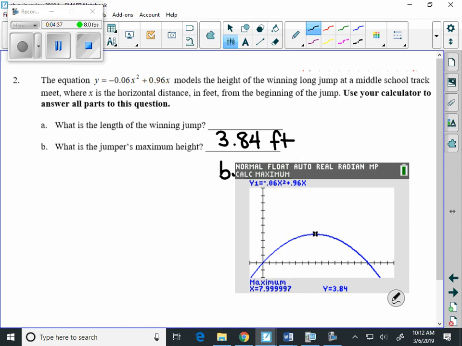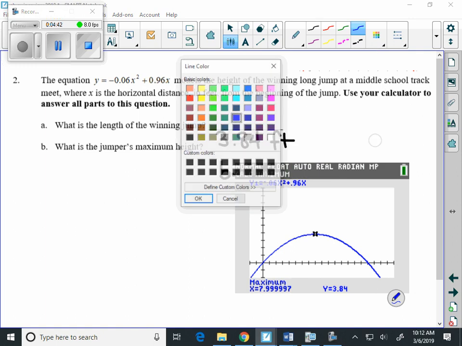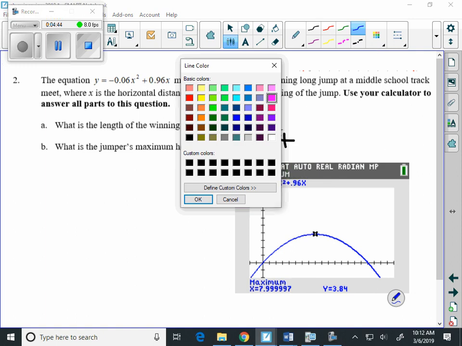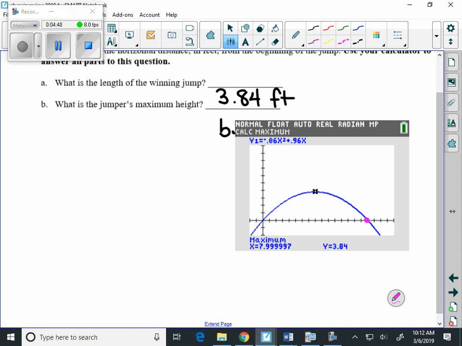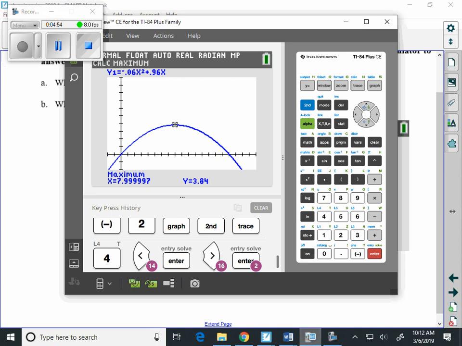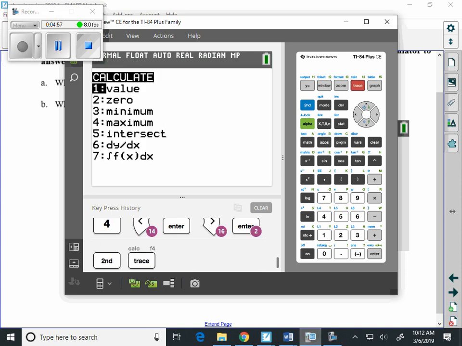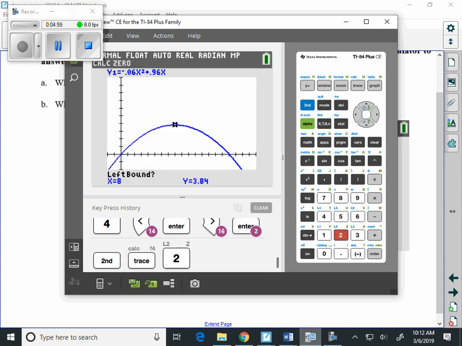But really what we wanted to know, first of all, is what is the length of the winning jump? So to find the winning jump, we want that point right there. So we're going to go back to our screen, and we're going to press second, trace, and this time we're going to do the 0 function. And we're going to go a little bit to the left.